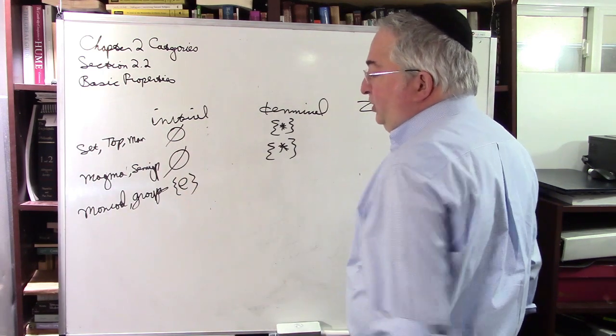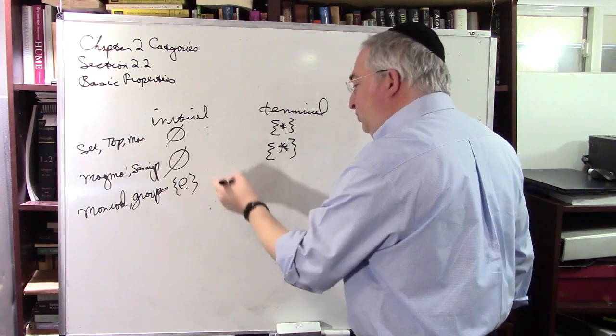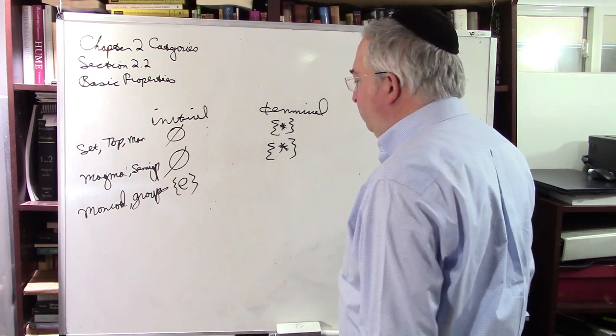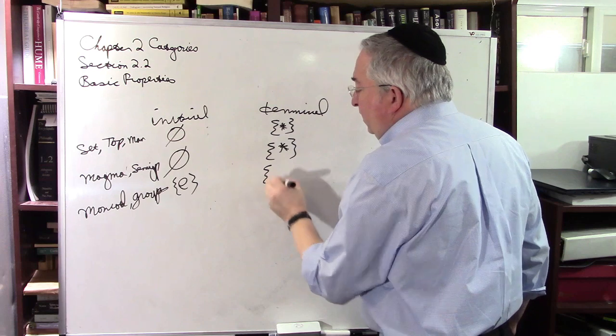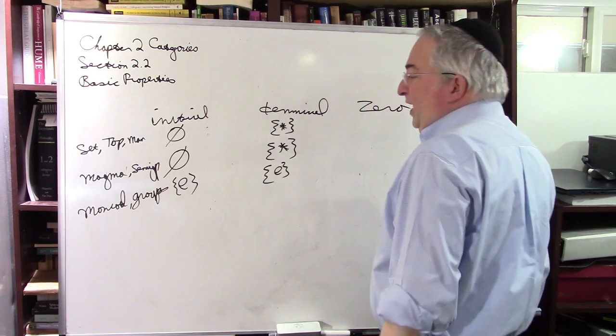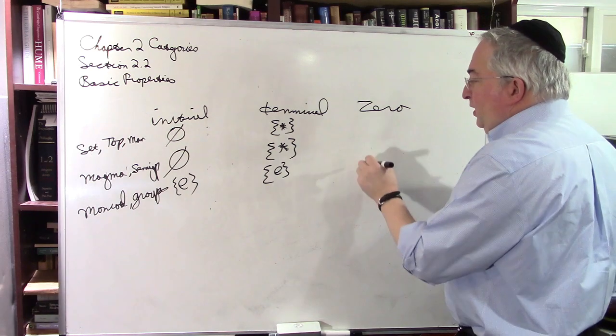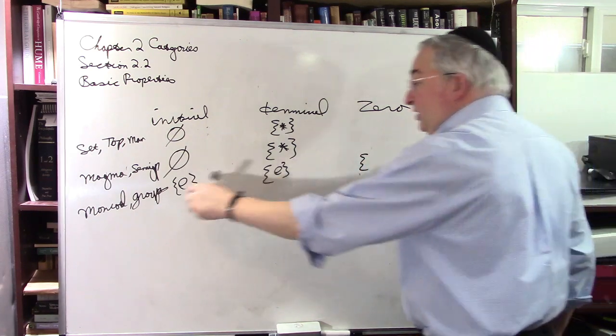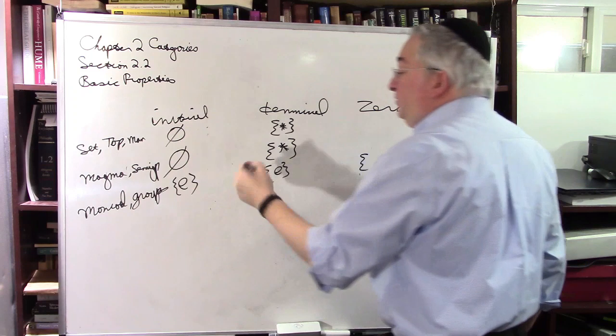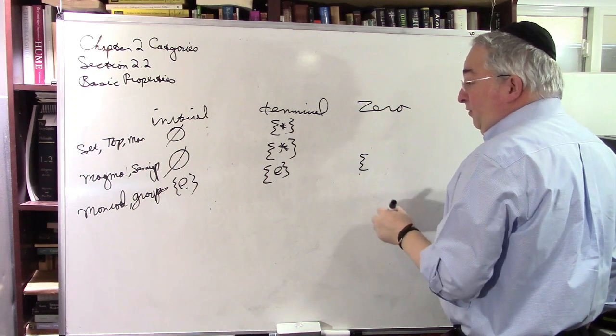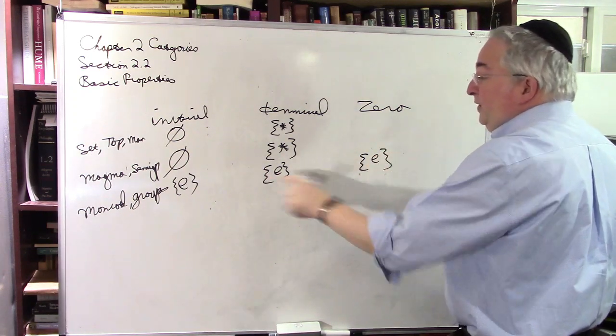You just take E to any other thing. There's only one place to move it to. Similarly, you have one morphism like that. And so the zero object in the category of monoids, the category of groups, the category of abelian monoids, the category of abelian groups is also this. It's the same thing.